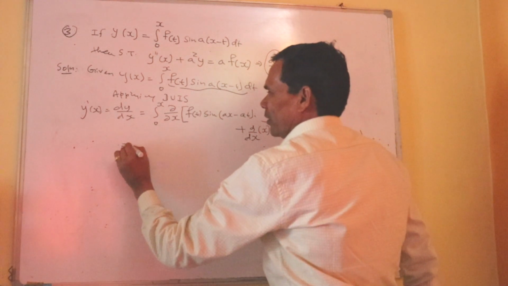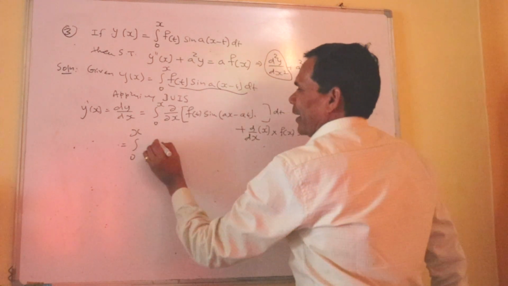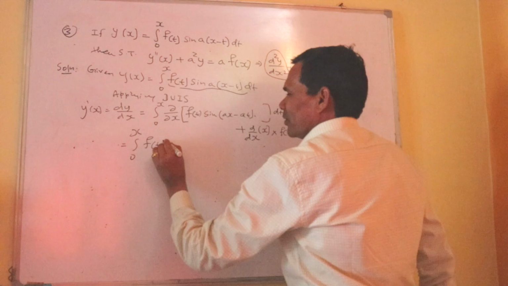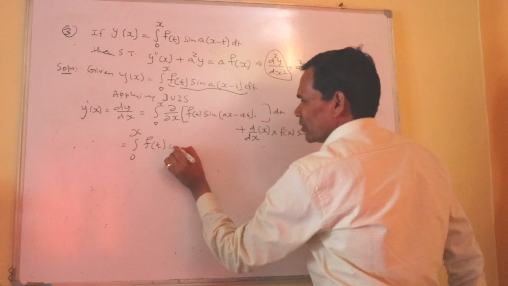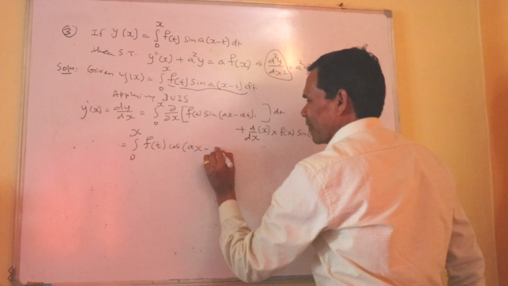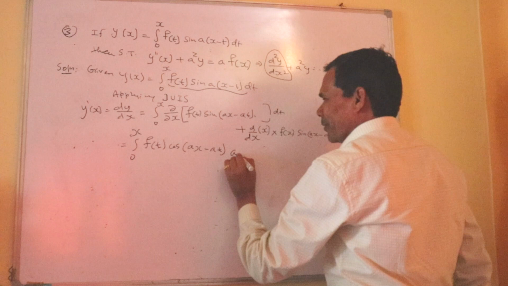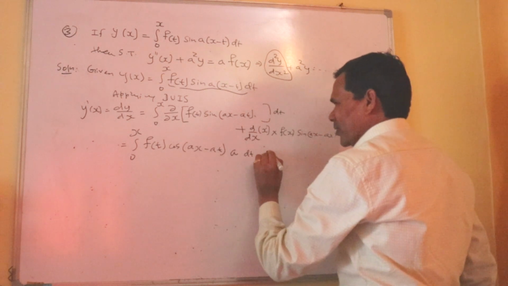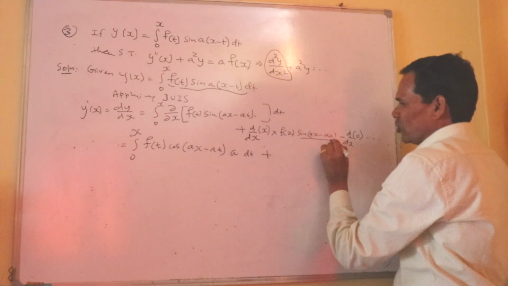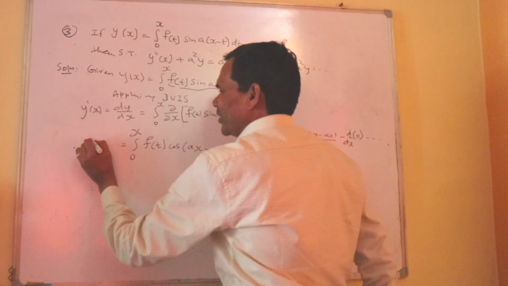So this would be the integral from 0 to x of f(t), a constant, times the derivative of sine, cos of a(x minus t) into a dt, plus this term would be 0 because sine 0 is 0. So this is y dash x.